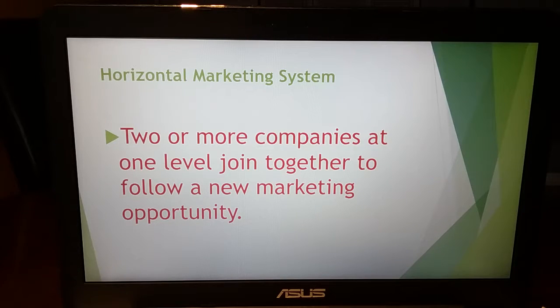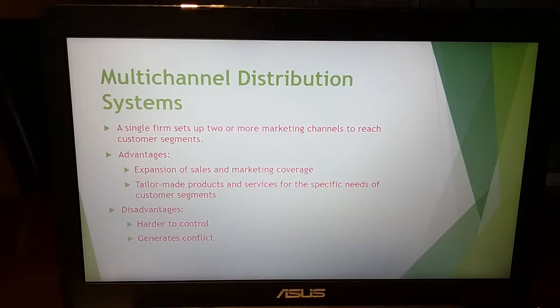Okay, so horizontal marketing system, two companies join to follow a new marketing opportunity. So it would be maybe Hertz and Marriott coming together. Okay, multi-channel essentially is this idea that, we'll go back to the farmer. The farmer might have a direct marketing system layer, and they would sell their product directly to the consumer.